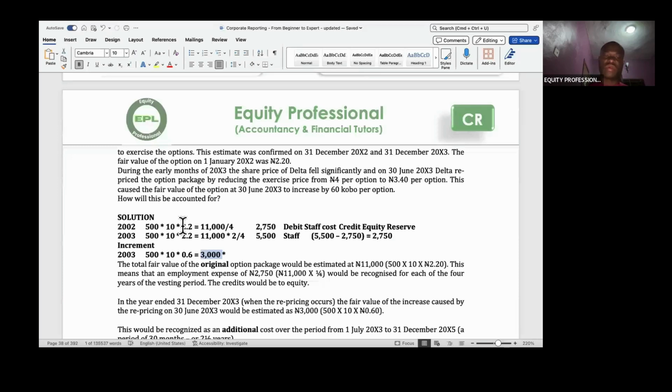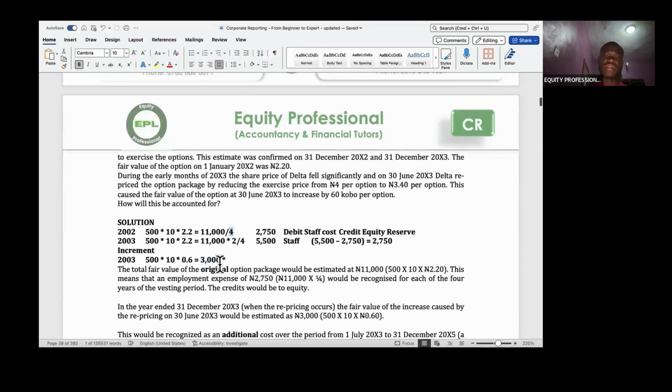Just like this original one, we're spreading it over 4 years, right? This one, we're going to spread over June 2003 to December 2005, that is 2.5 years, which is 30 months. So for 2003, since it's from June, that will be 6 months.